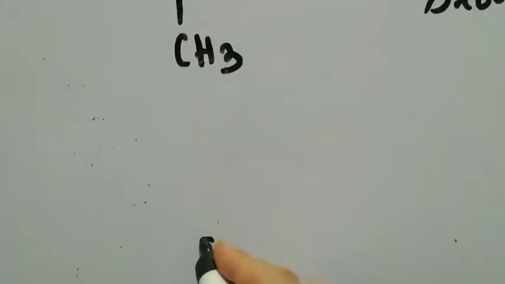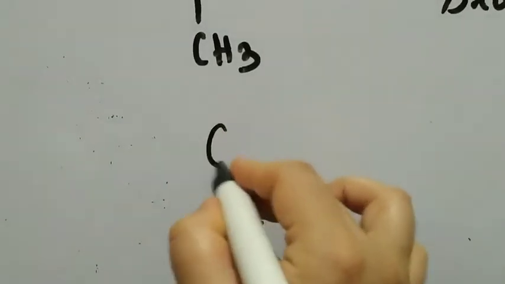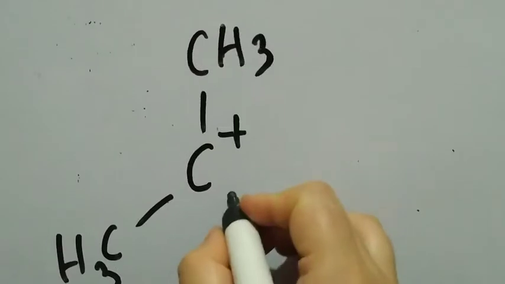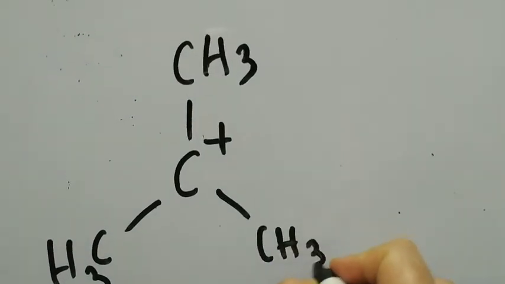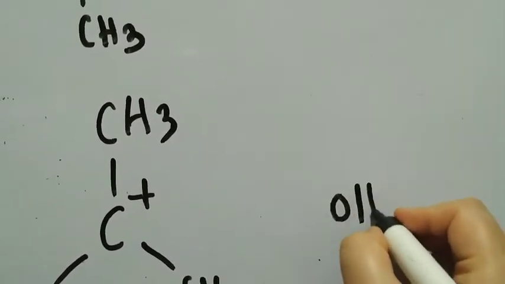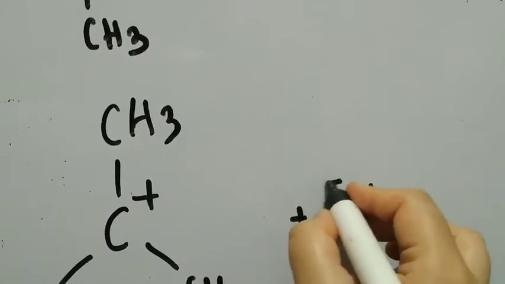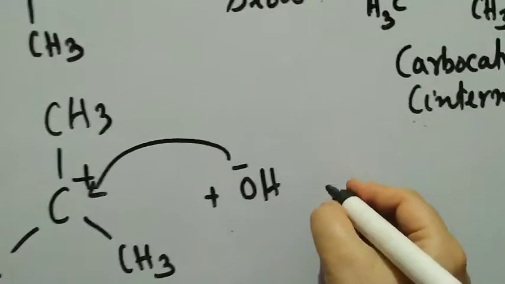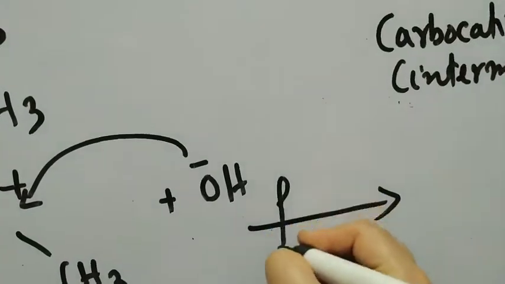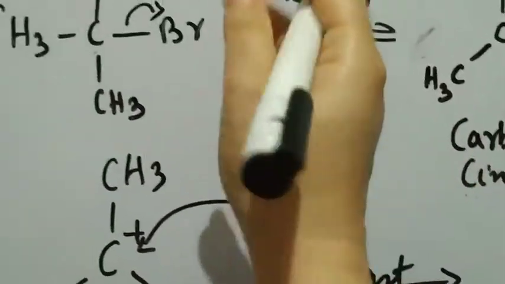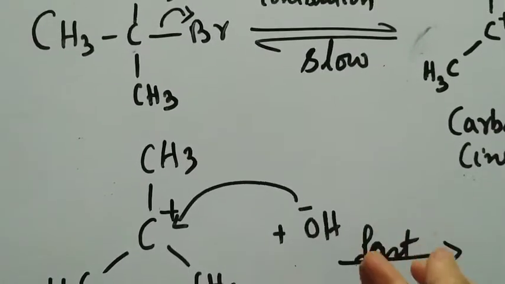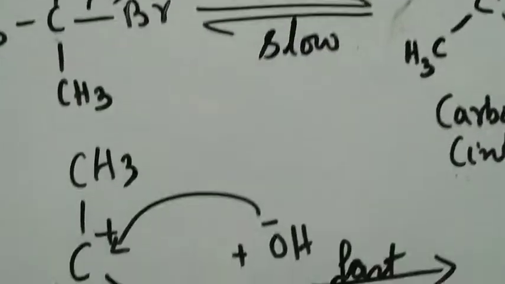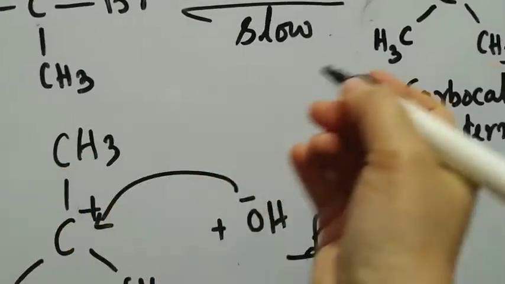Now in the second step, we have this carbocation, CH3, CH3, CH3, and our incoming nucleophile OH negative. It is negative, so it will attack the electron deficient site. It's a fast step. It is compulsory to write down which step is slow and which is fast. Only then can you decide whether the reaction follows first order kinetics or second order kinetics or whatever.